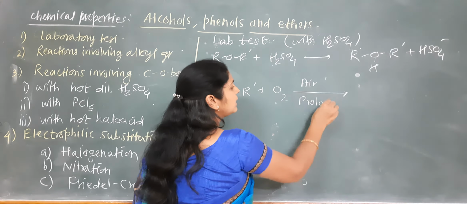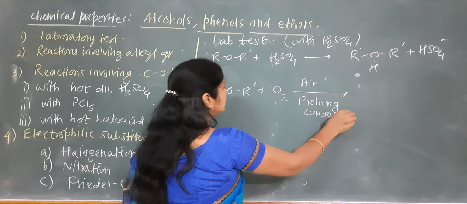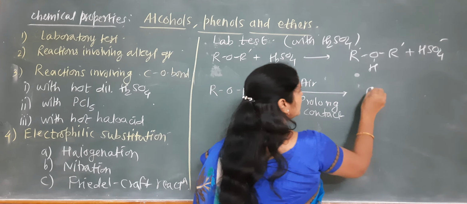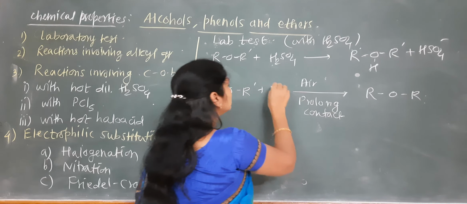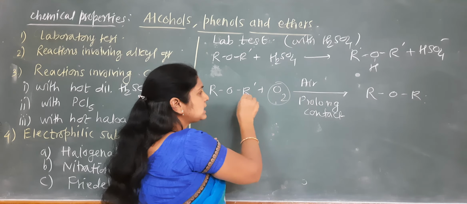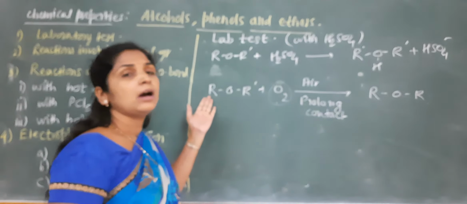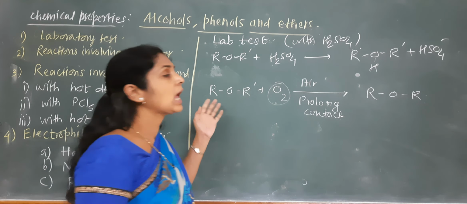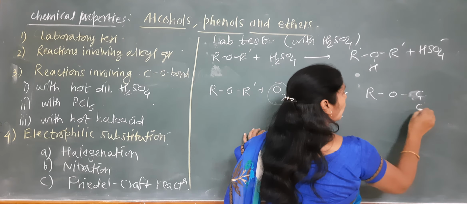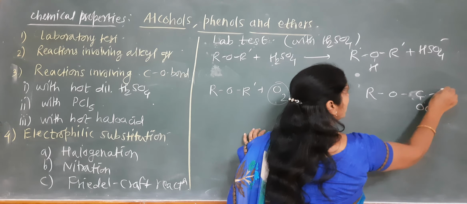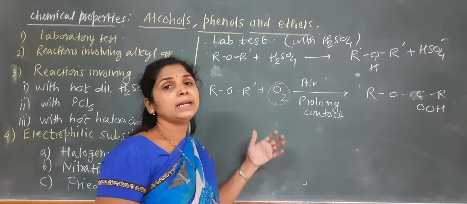This is the prolonged contact with the air, where the oxygen of the air combines with the alkyl group, and we have the formation of the OOH group, and such a peroxide is formed.